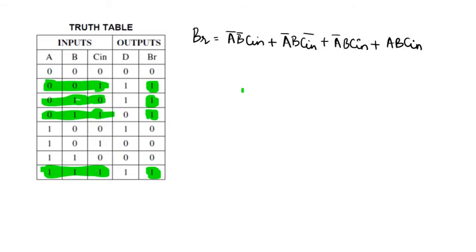Now to obtain the equation for the borrow, again we are going to highlight the output corresponding to logic 1 and write the expression. Simplify this by adding an extra additional term, that is A bar B C in.